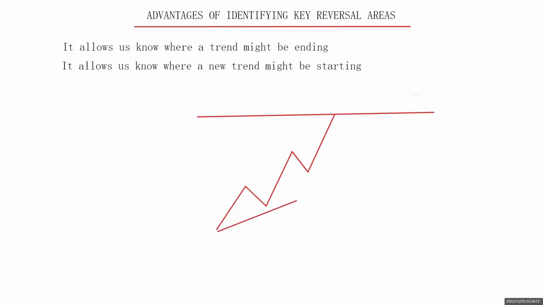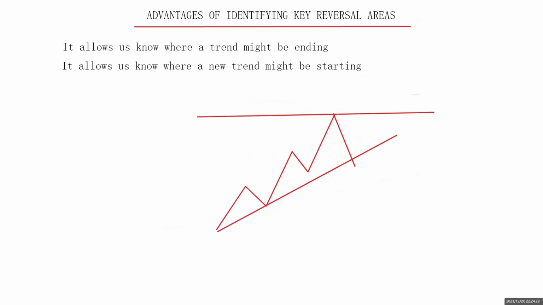Okay, for example, if we see a strong resistance level here, and we see prices keep making the bullish structure to that level, as soon as price gets to that level and we've identified that strong resistance level, we know that there's always a potential that prices may not be able to go beyond that level, and this would, like I said, trigger a break of structure. So the knowledge of identifying this key reversal area has allowed us to know where a new trend might be starting, and also where a trend might be ending.